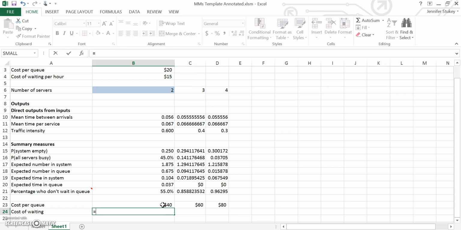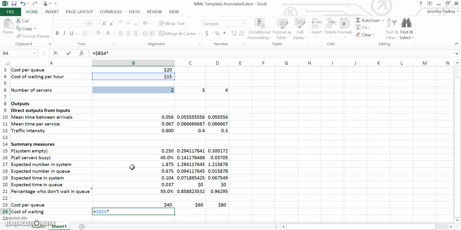Now we've got to calculate the cost of waiting. So it is going to cost us $15 an hour, so B4, and again, make that an absolute value, times the steady state of the number of people who are in the system. Again, it's not just in the queue. They specifically said it cost 25 cents a minute whether they were in line or being served.